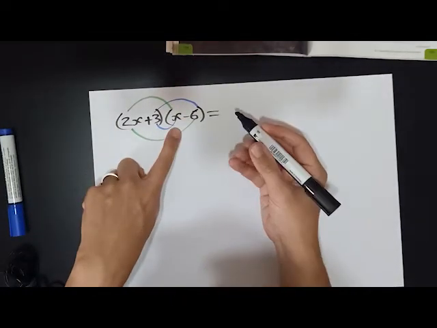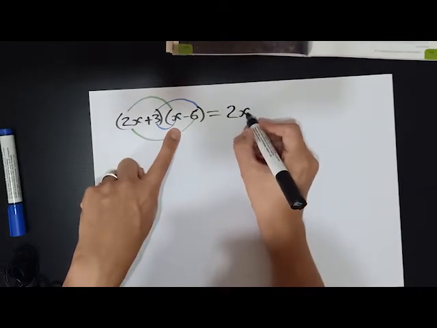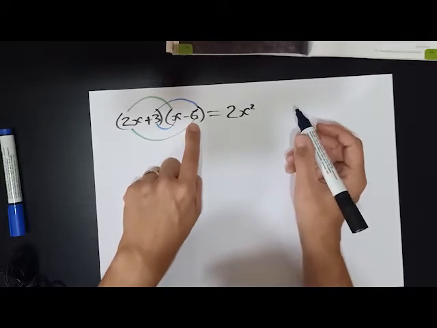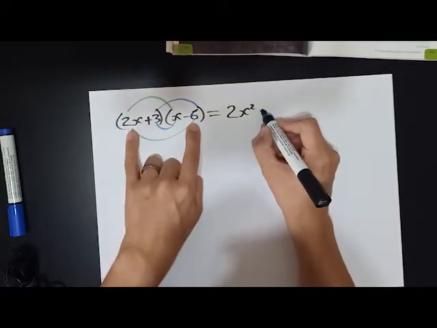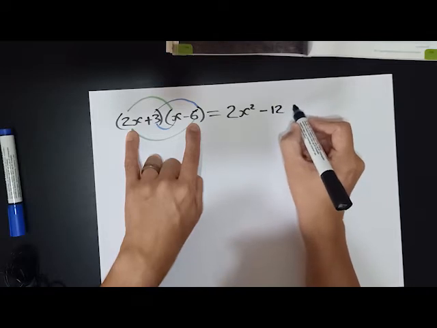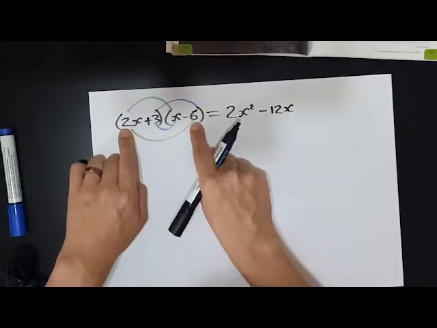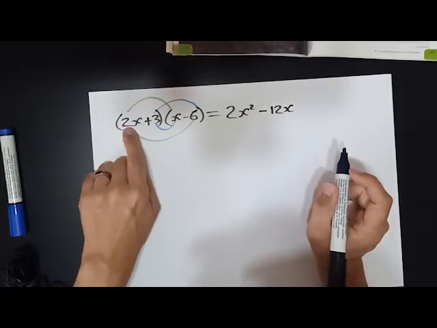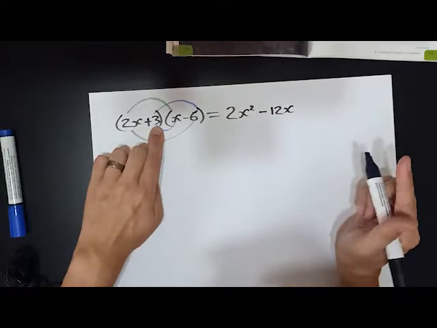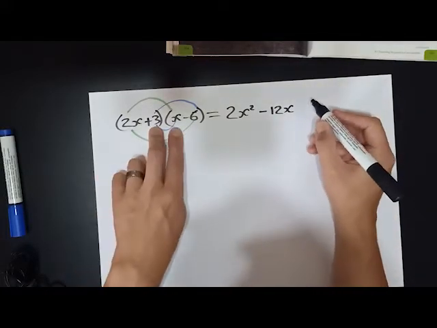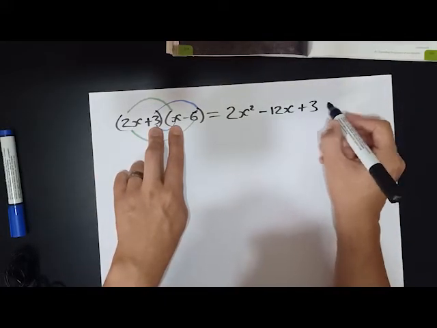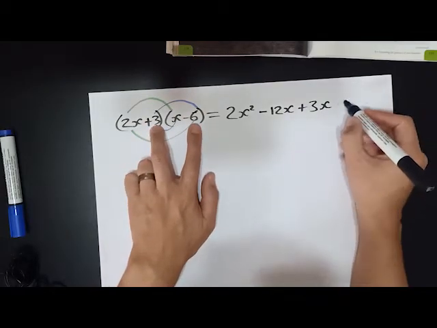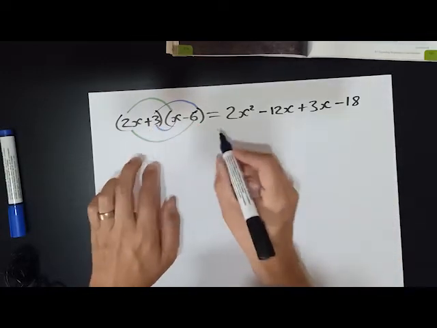So 2x times x becomes 2x squared. 2x times minus 6 becomes minus 12x. 6 times 2, there's the x, and it's negative. Okay, so we've done this one times both of those. Now let's look at the 3. 3 times x, they're both positive, plus 3x, and then 3 times minus 6, minus 18.